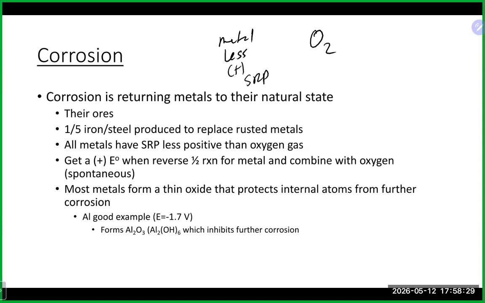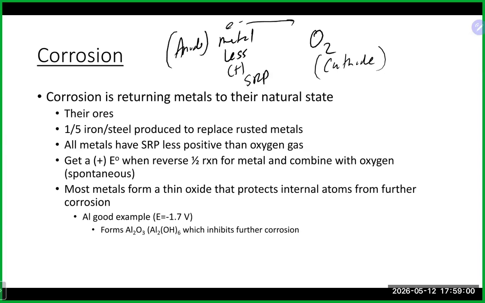As we know, when we build a galvanic cell, the one that has the more positive SRP will be the cathode. In that situation, you would put oxygen as your cathode. That would then put your metal as your anode, and it's going to get oxidized and go through corrosion. You will get a spontaneous reaction in that sense, with the oxygen having a more positive SRP value.